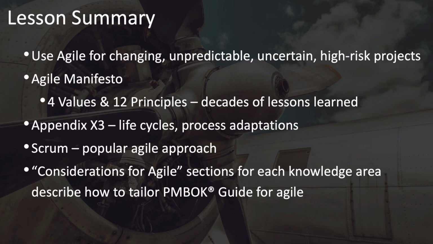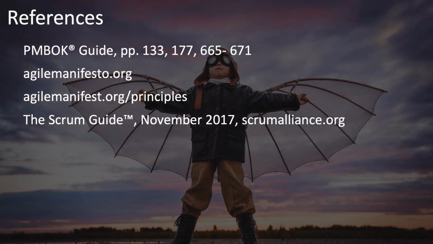Appendix X3 includes discussion of life cycles and process adaptations. There are considerations for Agile in sections throughout the PMBOK guide, and Scrum is one of the more popular Agile approaches. For more information, you can consult these and other resources.